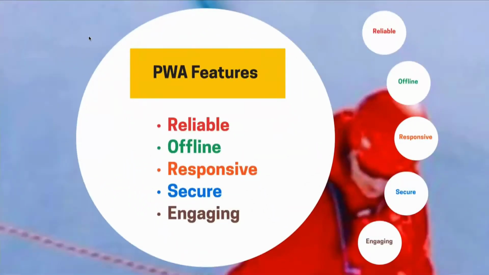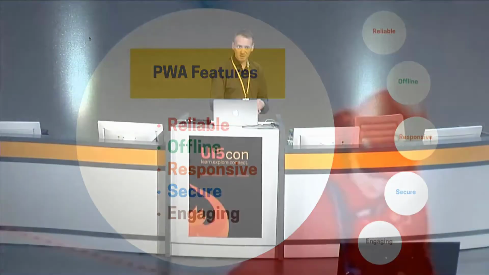So what do progressive web applications bring to us? Progressive web applications are reliable, offline, responsive, secure, and engaging. That's part of the specification of progressive web applications. So what does it mean? Reliable means that you always get meaningful content, whatever you do. You can also work offline.